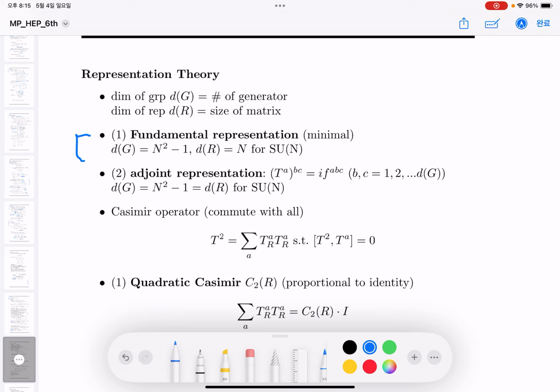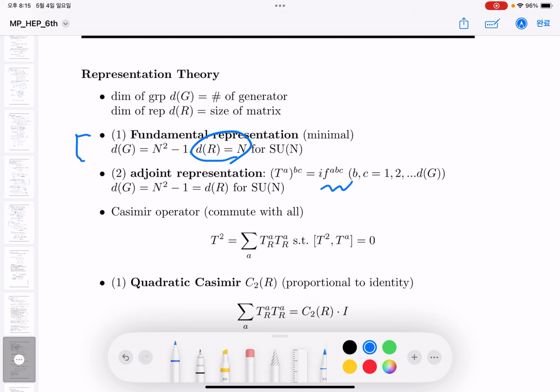The first one is the fundamental representation, which is the minimum. The dimension of the representation is N for SU(N), so this is the minimal case. But the adjoint representation is the second kind. The matrix representation of the generators is given by the structure constants f^{abc}, which come from the commutation relations of the generators in the algebra.